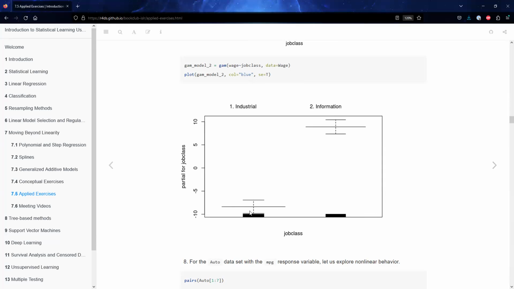And looking at the generalized additive model, we do have some small error bars, and once again, a reflection that the industrial jobs made less than the information sector jobs.